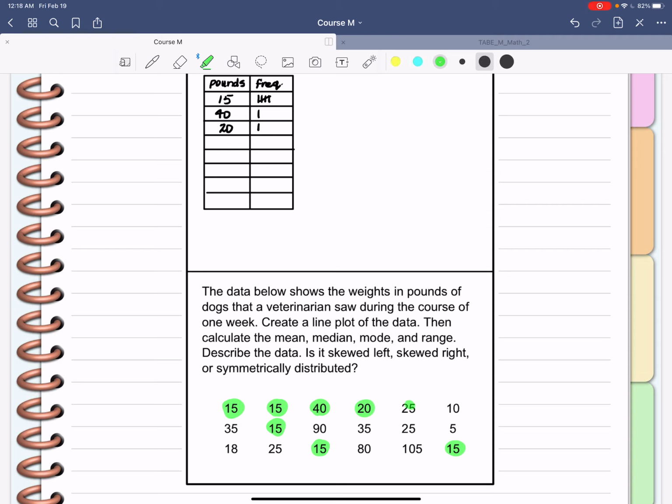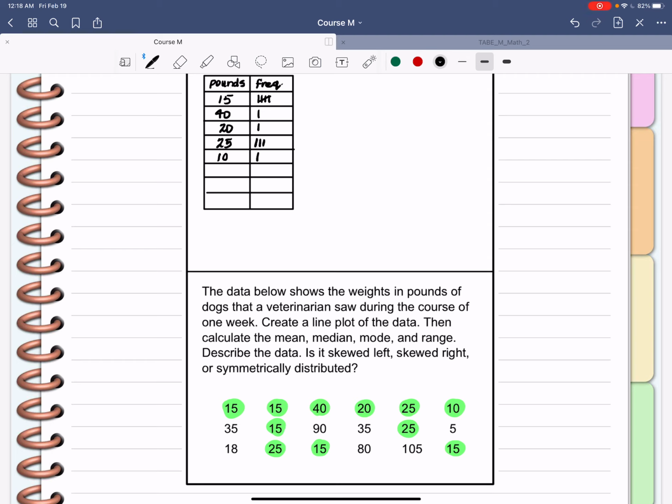And then I see a 25. There's 1, 2, 3 of those. And then I see a 10. I just see it one time. It only occurs once. That's the frequency.